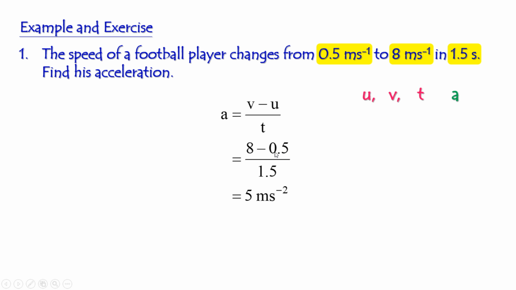The unit in the numerator is meter per second, the unit in the denominator is second. Meter per second divided by second is meter per second square. Is that okay? Don't forget to write down the unit. Otherwise, you can't get the marks from the unit, from the answer.